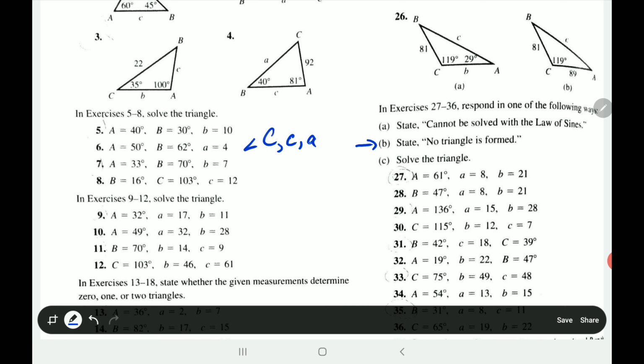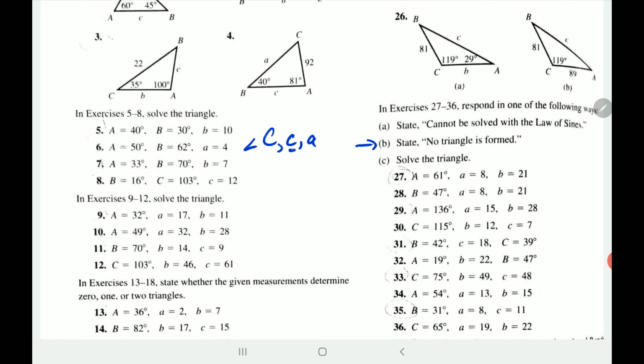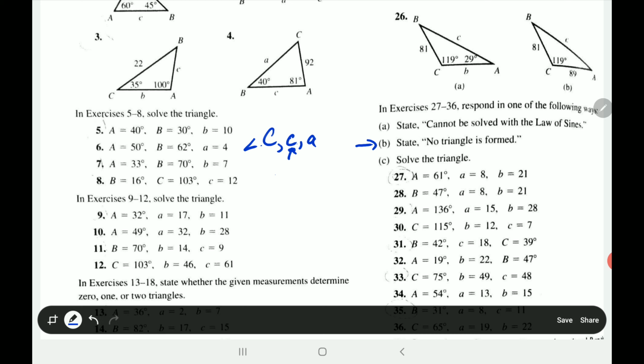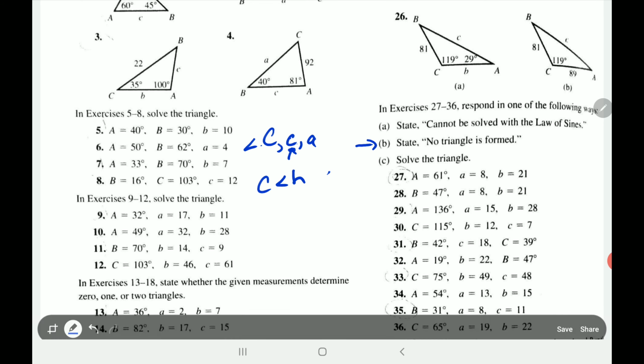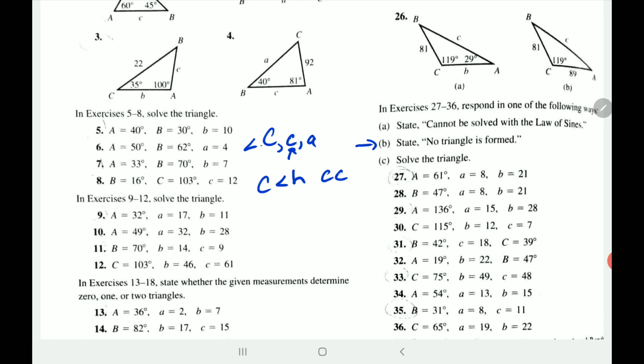All right, so here, that's the interval. The one that is opposite the angle, okay, is C less than the height? And if it's less than the height, then C is automatically less than A. So if C is less than both of these, then no triangle.